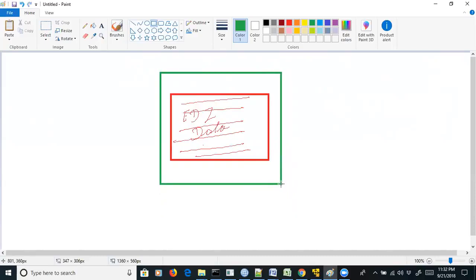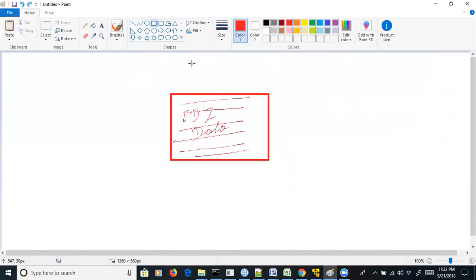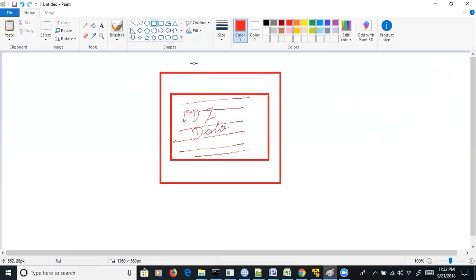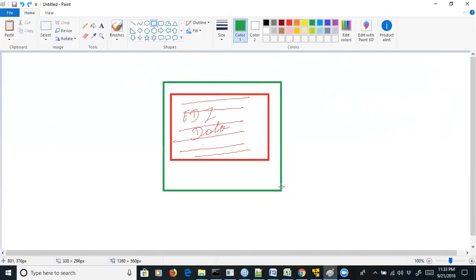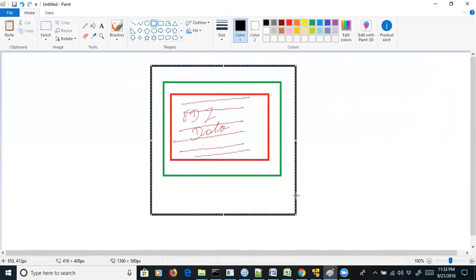It has one envelope. It will have one more envelope.